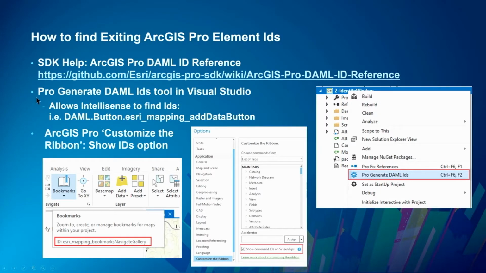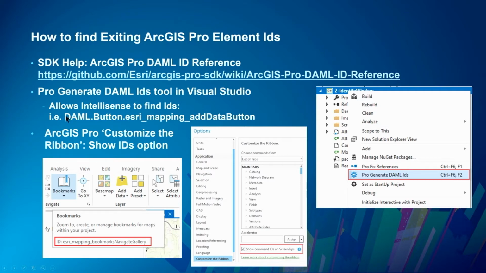We also have a tool that comes with the Pro SDK. It's called the Generate DAML IDs tool in Visual Studio. You see over here, when you right-click on your project, you can use this tool to generate all DAML IDs. It will generate a source file with all DAML IDs that exist in your current Pro configuration.